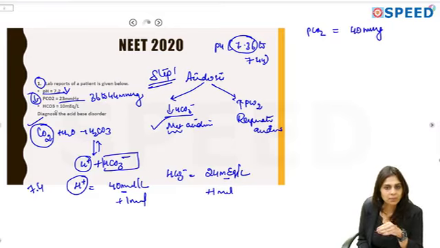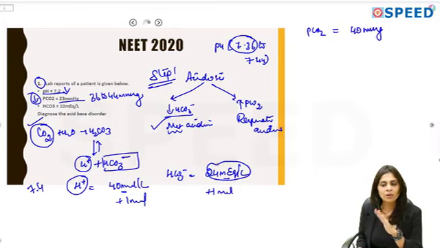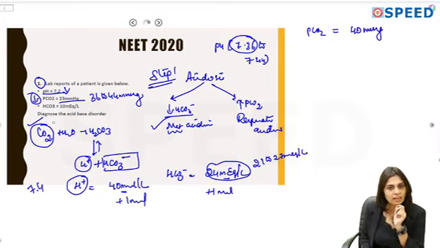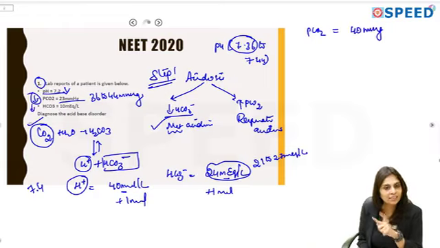Now look at bicarbonate. What is a normal bicarbonate concentration? I said 24 milliequivalents per liter. On either side you can have 3. So the range is 21 to 27 milliequivalents per liter. Okay. And what do you find here? There is a decrease in bicarbonate. Can that explain the decrease in pH? Yes.